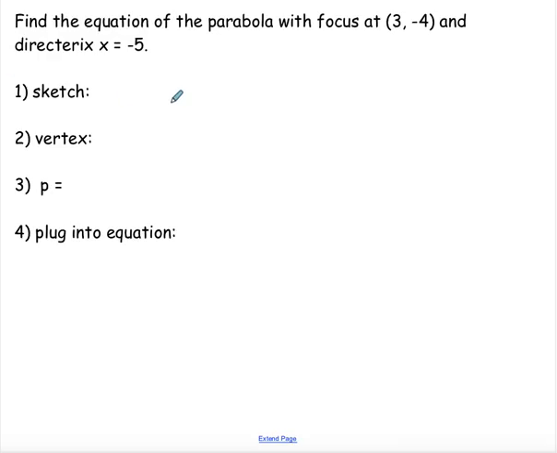Okay, almost done. I think this is the last one. Yep. Okay, in this problem, we're given the focus and we're given the directrix. So the focus is at (3, -4).